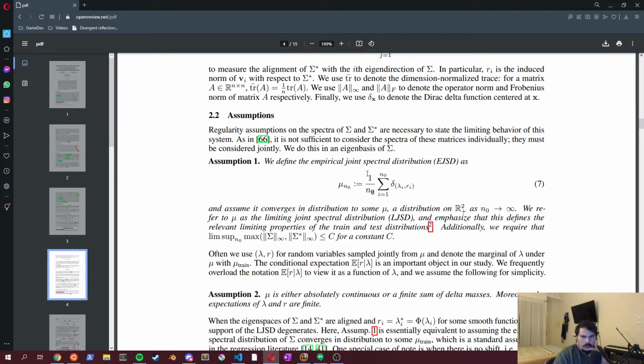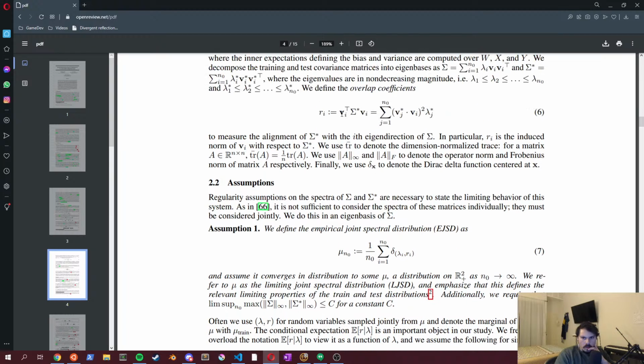And how do I interpret this thing? So it's like a delta function of the eigenvalue with this r thing.